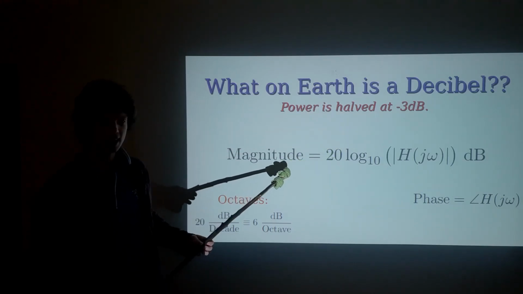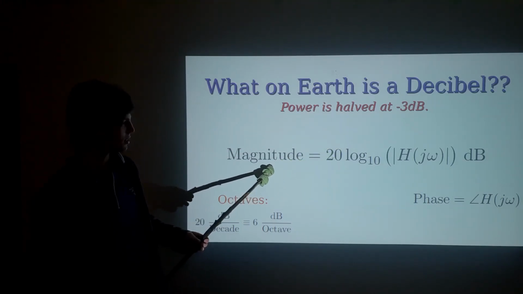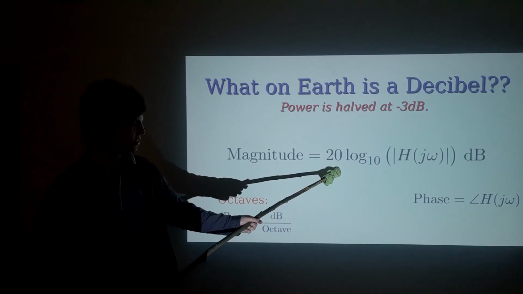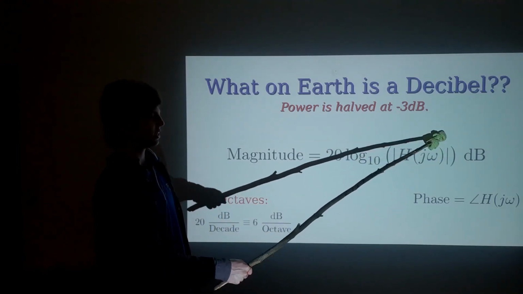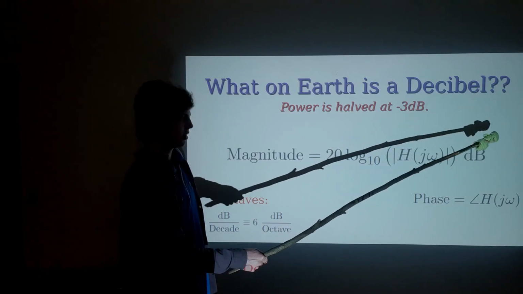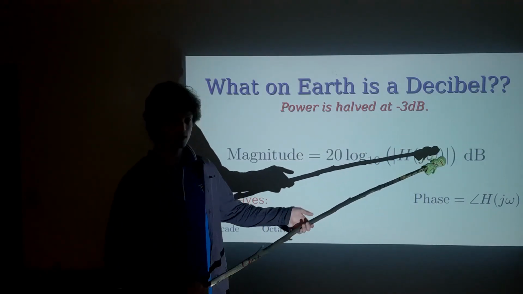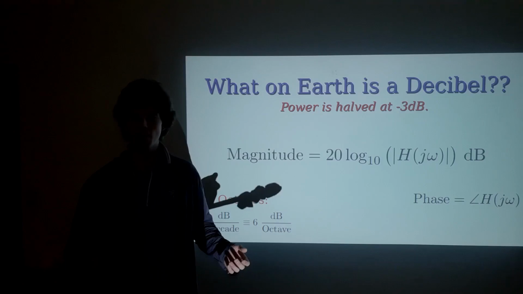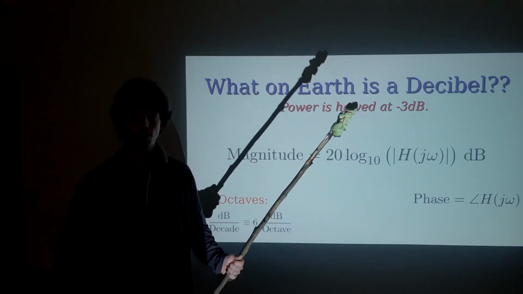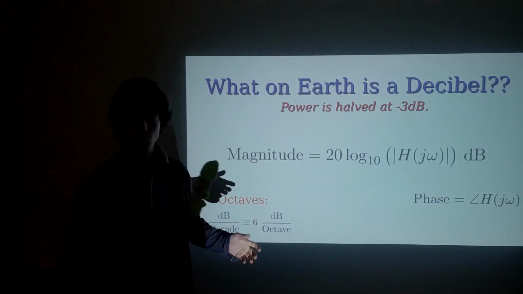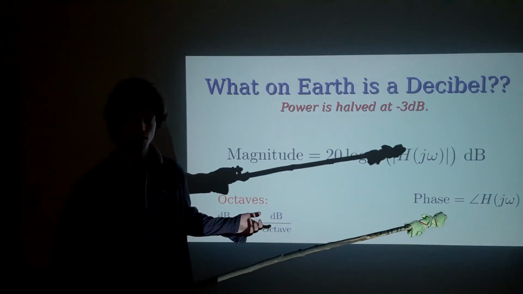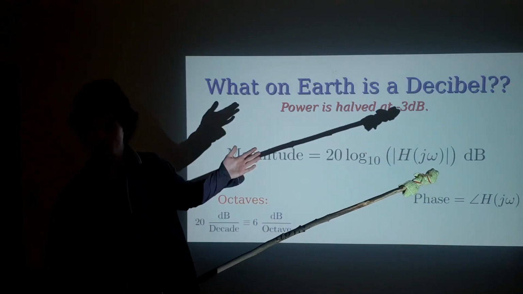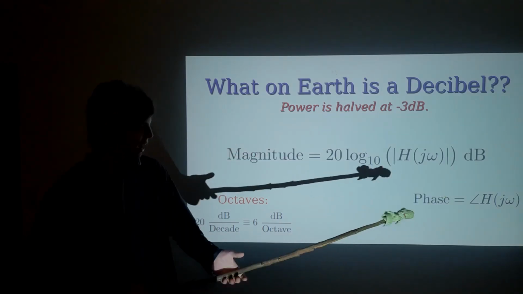We can calculate the magnitude in decibels just by taking 20 times the base 10 logarithm of the modulus of the transfer function, and that's it in decibels. Modulus of the transfer function you can just find by taking the transfer function, multiplying by its complex conjugate, and taking a square root. It's the same way you'd find the magnitude of any complex number. I'm hoping you've seen that one in a math course.